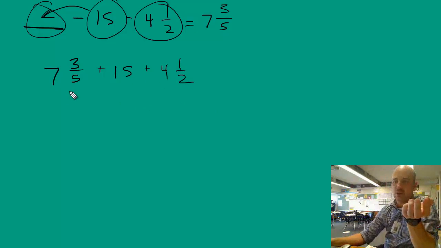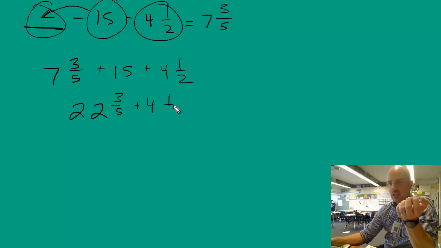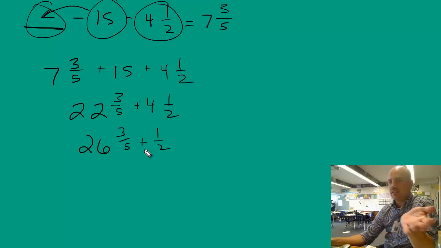Let's add the wholes. 7 and 15 is 22. So I have 22 and 3/5. I need to add in 4 1/2. Sweet. Let's go ahead and add that 4 in. That's 26 and 3/5 plus 1/2. And then I just need to turn these into tenths, right? Easy.